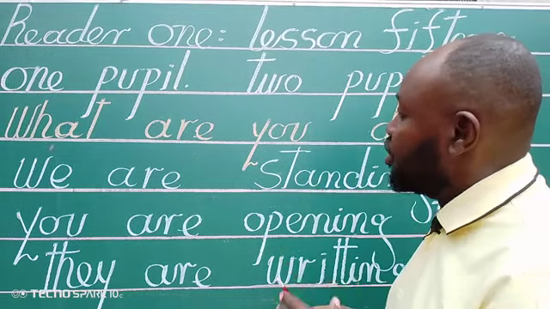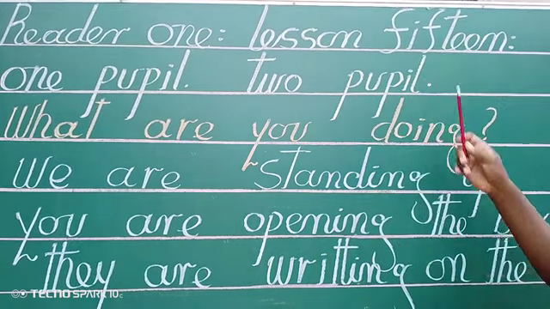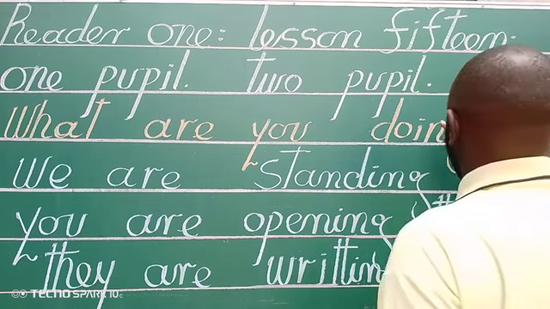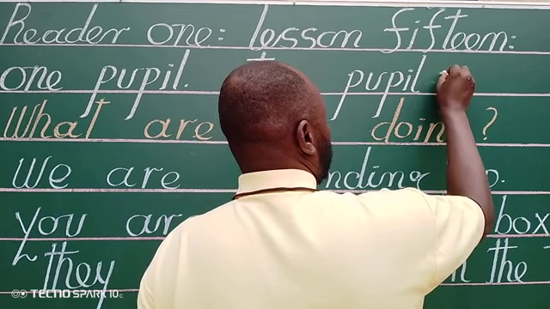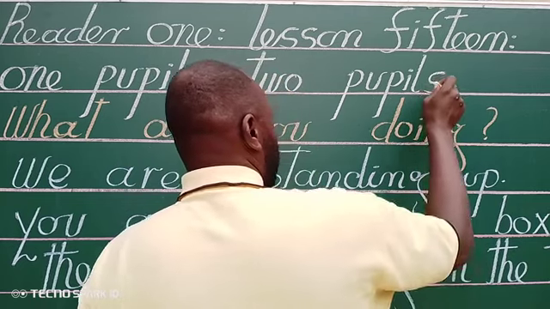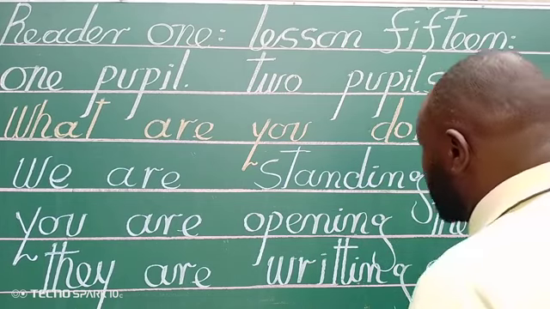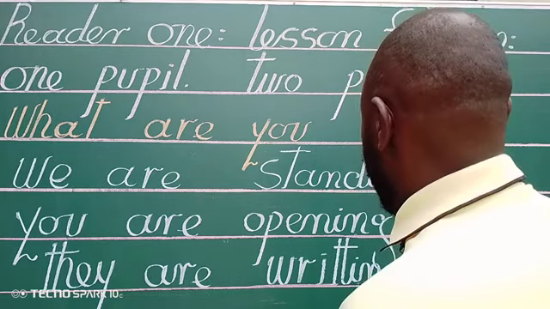And two means plural. I forgot to put the letter S here, but never mind, we can add it. Why not? The chalk is so close to me. This is the S of the plural, and by this S we distinguish between the singular and the plural.